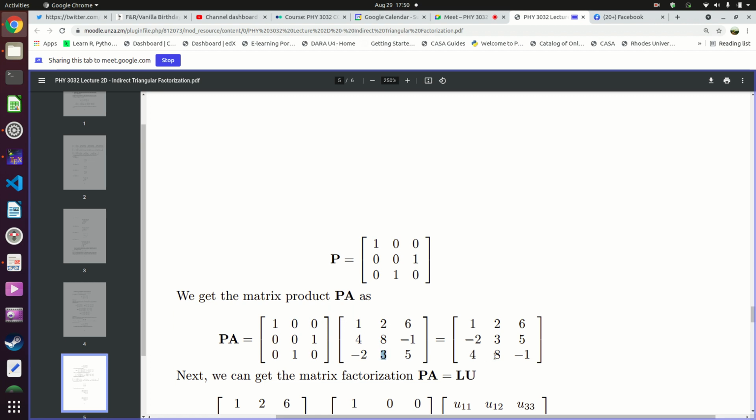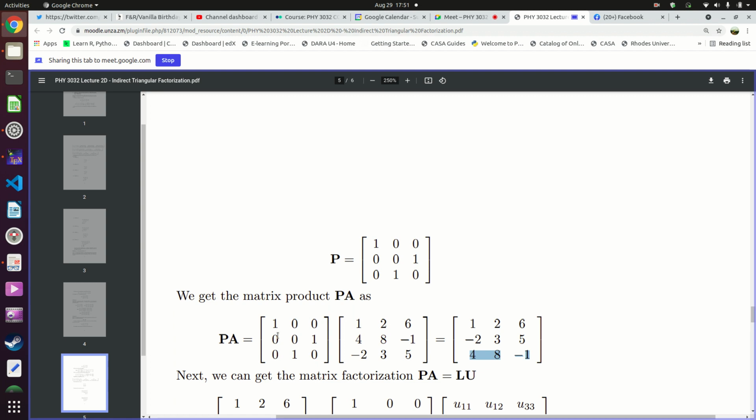So I end up with my 8. Then the third column: 0 times 6, 1 times minus 1, which gives minus 1, and 0 times 5. Basically, this is the result of me multiplying P times A.